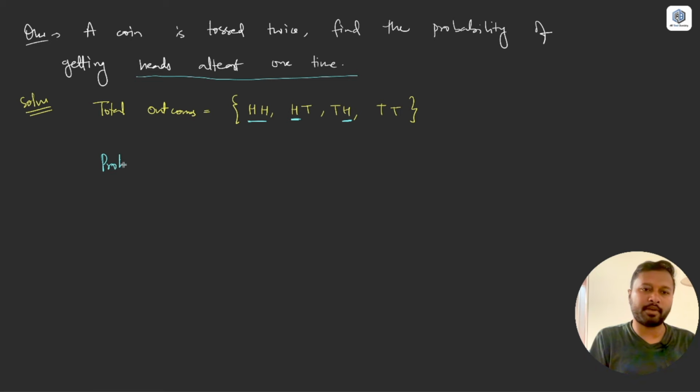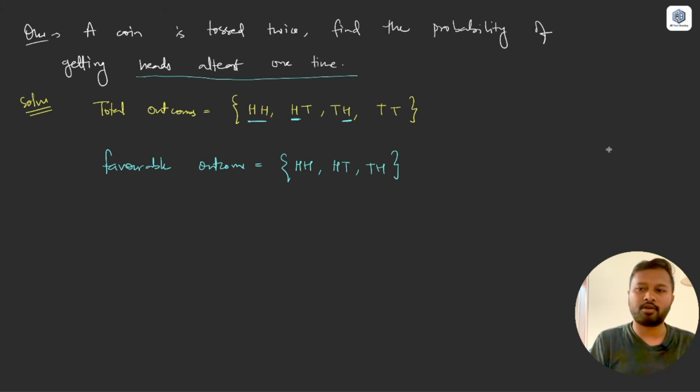So now the probability is going to be favorable outcomes over total outcomes. Let me first of all write down our favorable outcomes. Our favorable outcomes are going to be head head, head tail, tail head.